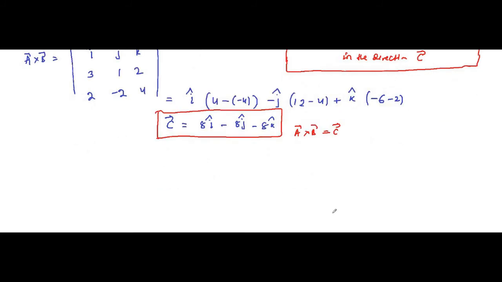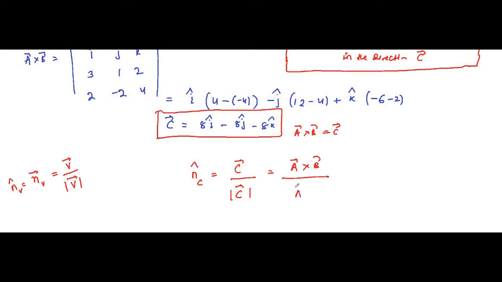Now the basic definition of unit vector: for any vector V, the unit vector is given by V vector divided by V vector modulus. So here the unit vector in the direction of C will be C vector by C vector modulus, or A vector cross B vector by A vector cross B vector modulus.